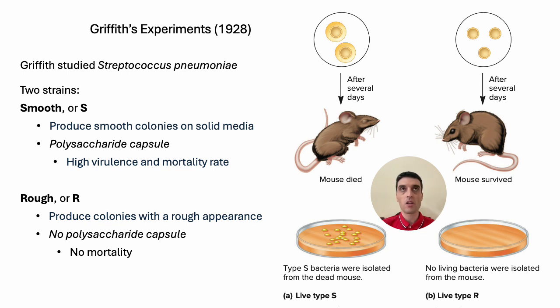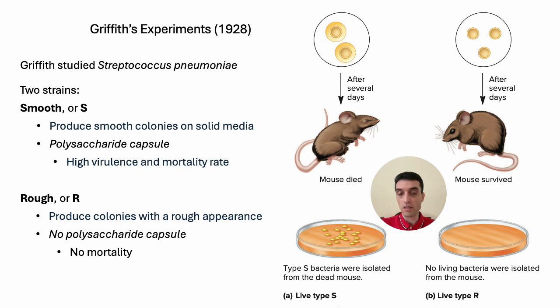So at the time, he was working with two strains of what was then called pneumococcus. Now we call it Streptococcus pneumoniae, or pneumonia. They already knew that there were two strains. One produces smooth colonies on a solid media.